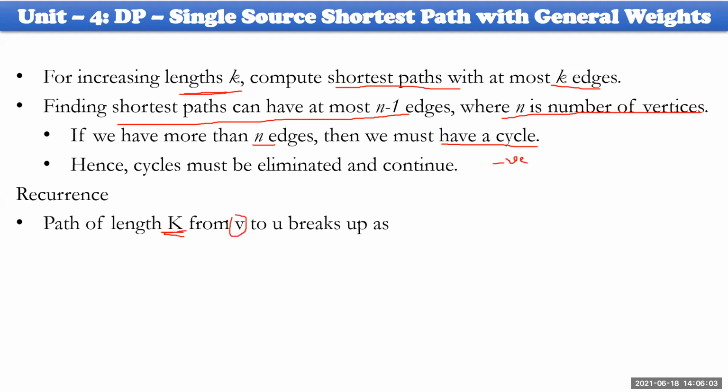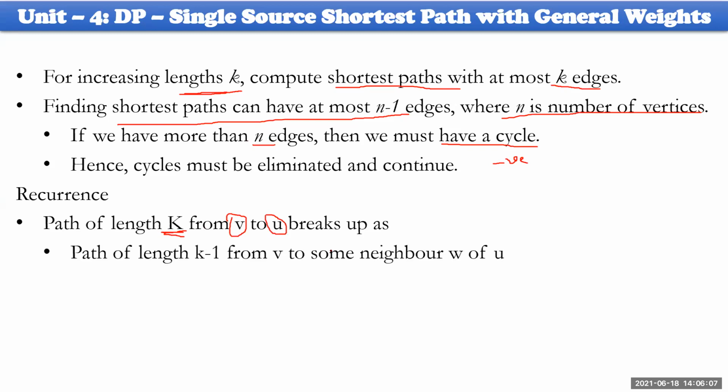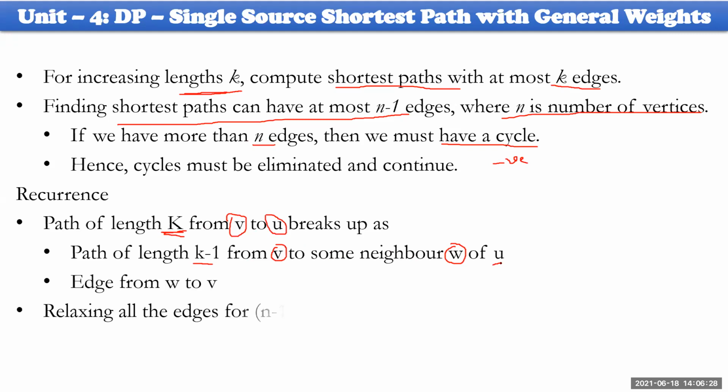From a vertex v to u, we need to identify a path with k minus 1 edges, so that v goes to another neighbor w of u. So let us take the formula here, and you could understand it very easily.